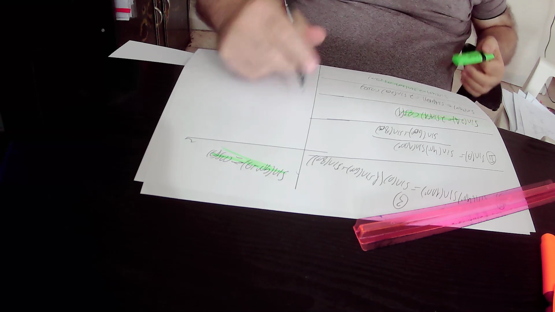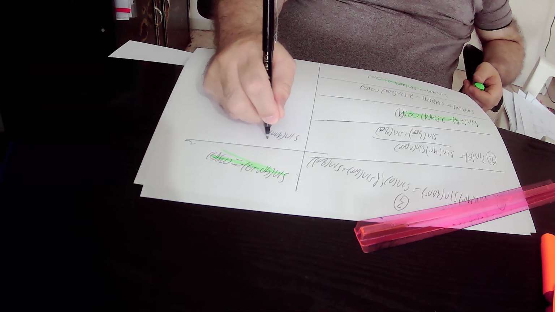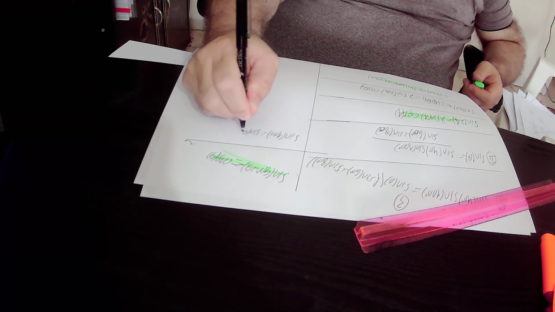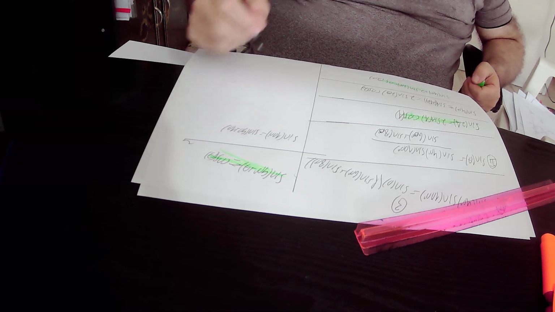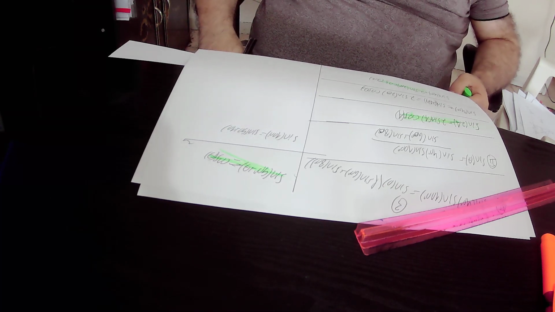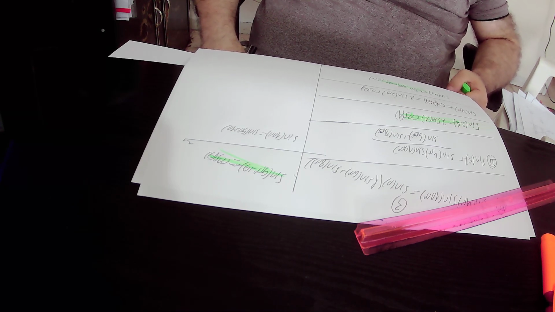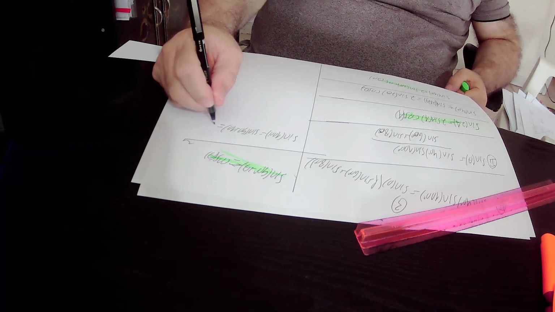Actually, sine 100 degrees equals to sine 90 degrees plus 10 degrees, and according to the trigonometric identity that sine 90 degrees plus theta equals to cosine theta, we will get that sine 90 degrees plus 10 degrees equals to cosine 10 degrees.